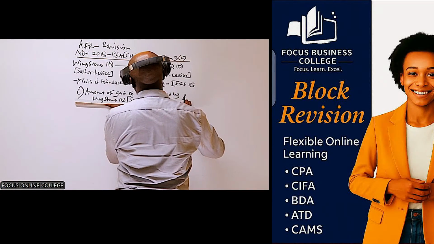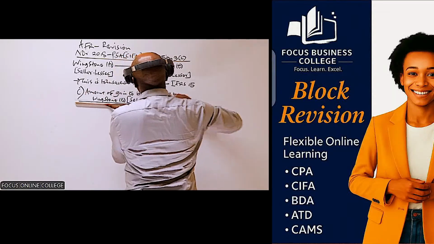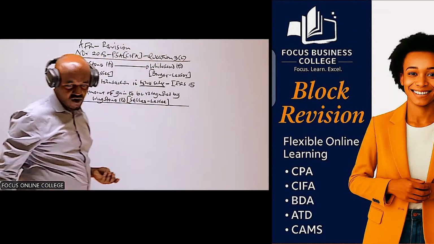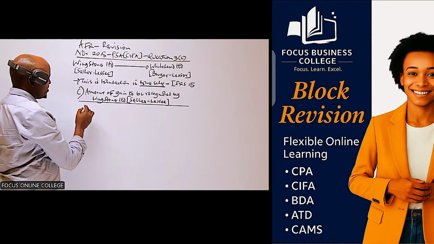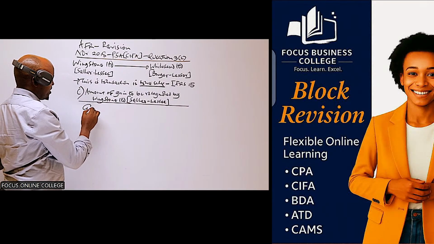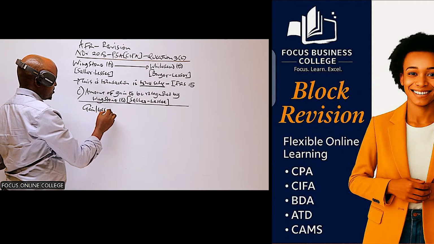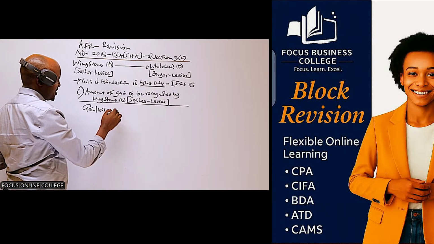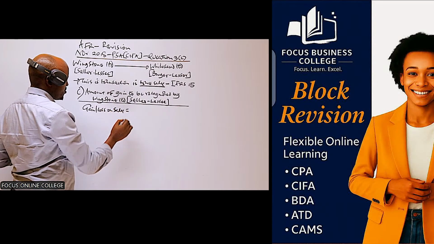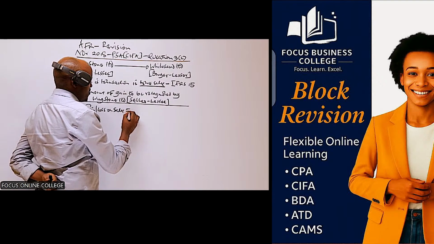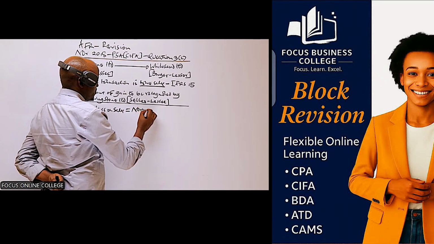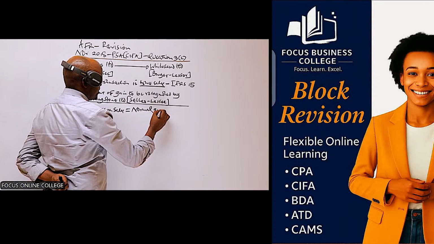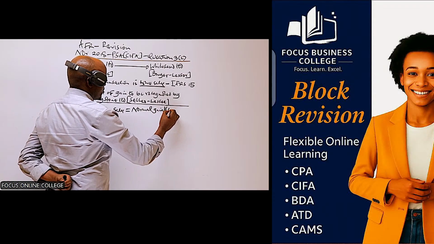So how do we compute this gain or the loss on disposal to be recognized? The gain, or basically the loss on sale, or the disposal, to be recognized, we have said is equal to the normal gain or loss.